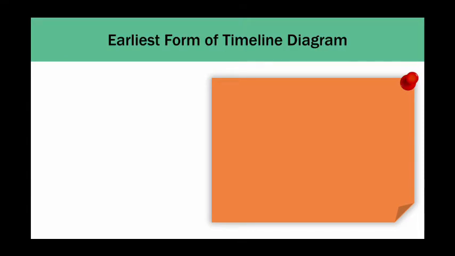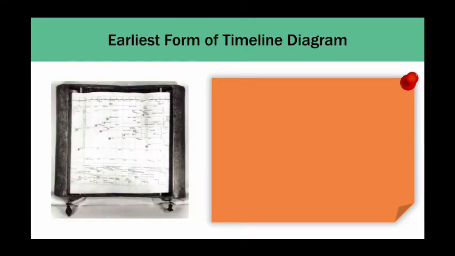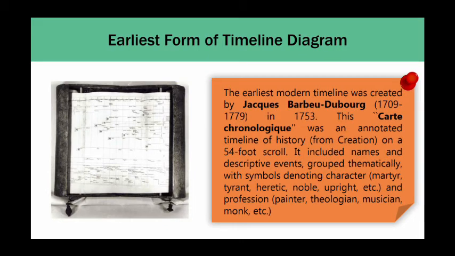Here are some examples of the earliest forms of timeline diagram. The earliest form of timeline diagram was created by Jacques Barbier Debord in 1753. It was annotated, the timeline of history from creation.